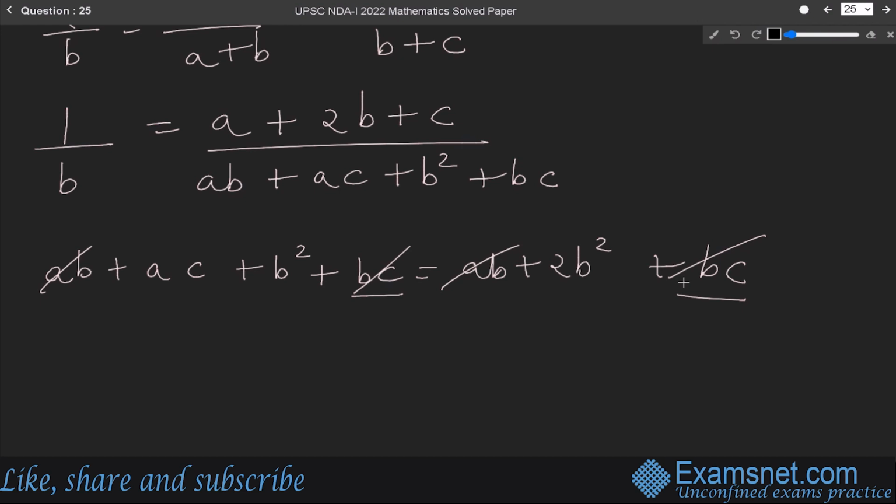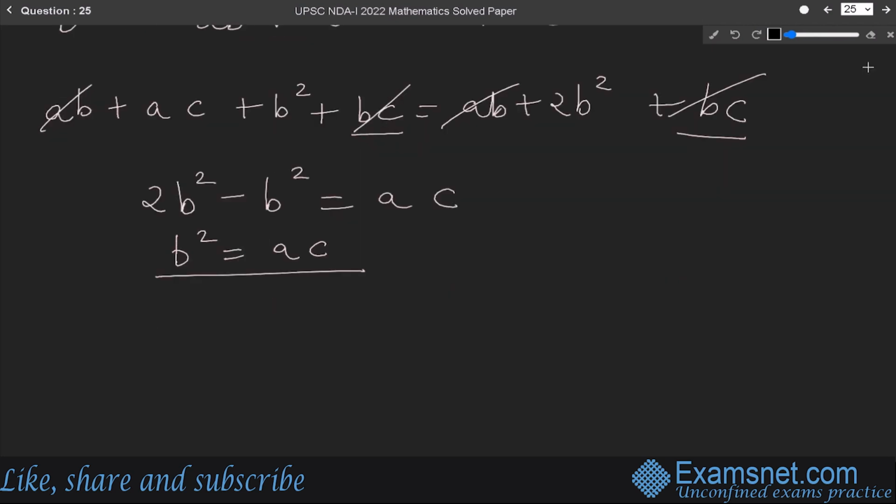So the remaining terms are 2B square minus B square is equal to AC. Therefore, B square is equal to AC. This is the term that we also saw in the previous question. And if we get this term, then we can say that the elements are in GP. Therefore, A, B and C are in GP. So, this is the correct option for this question.